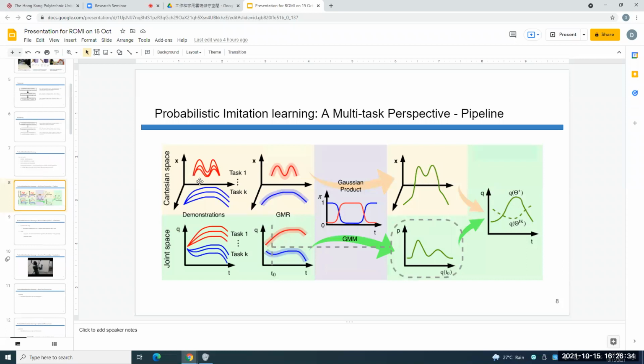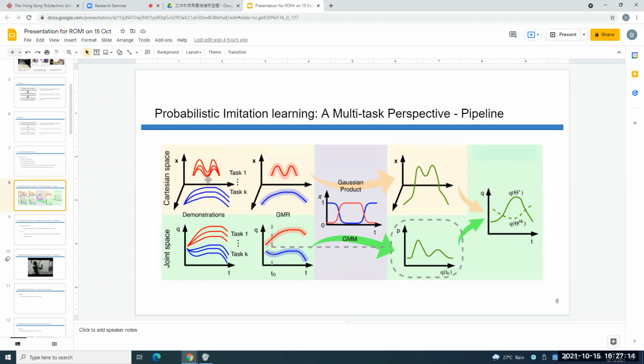For example, for task 1, we have multiple demonstrations, which is this red curve. And for another task, we do demonstrations multiple times, which is depicted with this blue curve. So there are multiple tasks, and sometimes we want to blend all these trajectories together such that the robot behavior is more diverse or expressive or more complex.